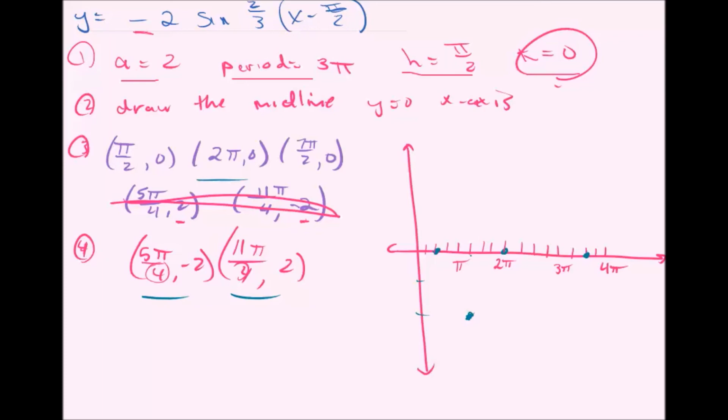Then we need 11 pi over 4, comma 2. So 11 pi over 4, I guess 12 pi over 4 would be 3 pi, so 11 pi over 4 should be 1 behind it. We'll go up to 2, put a dot. So this is what our graph is going to look like. And then of course it keeps going in both directions.